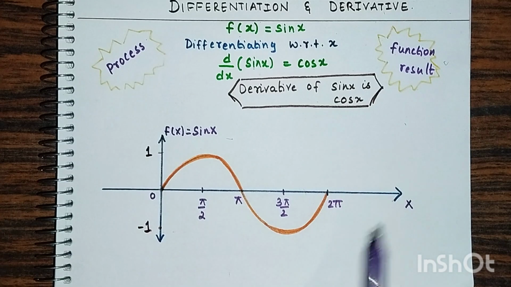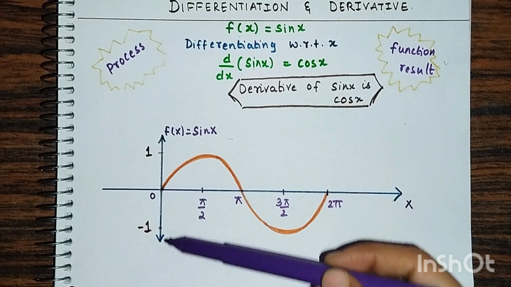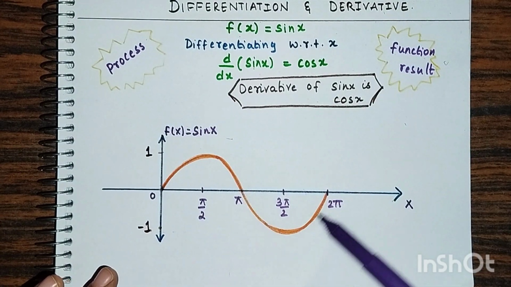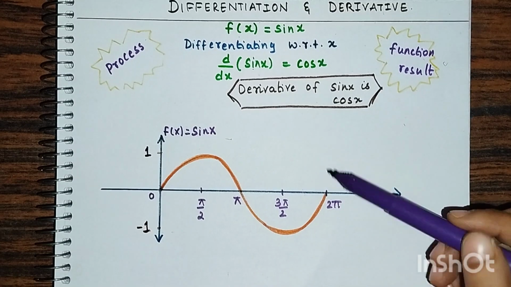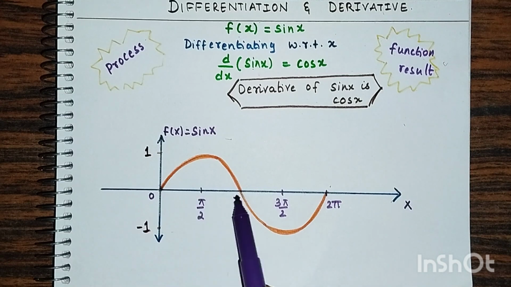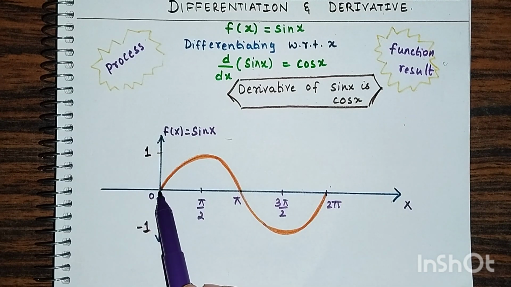So here I have taken the graph f of x is equal to sin x. Here the inputs are on the x-axis, and the output we get we will plot on the y-axis, and we will get a smooth fine curve, and it continues on both the sides, but I've just taken one cycle. So here 0, pi by 2, pi, 3 pi by 2 and 2 pi. When the input is 0, the output sin 0 is 0.